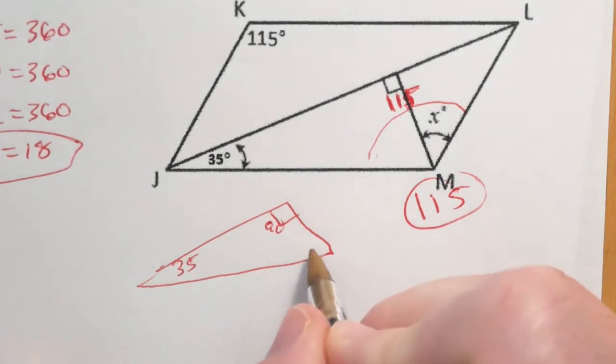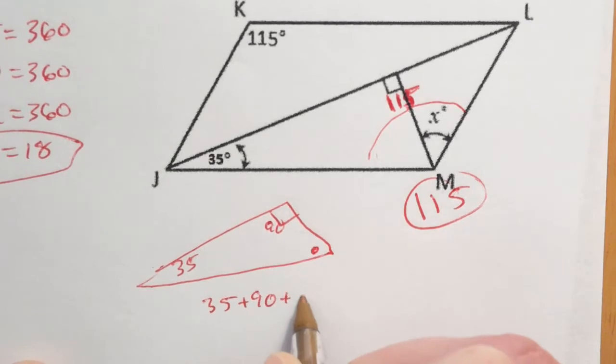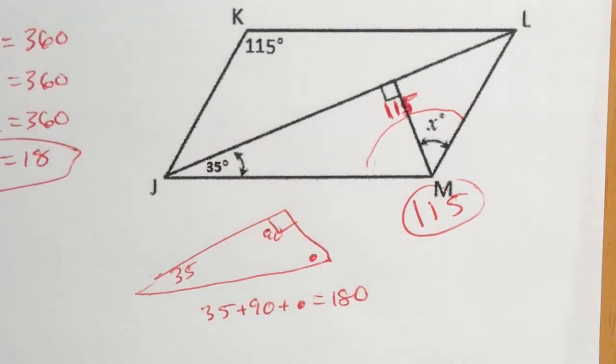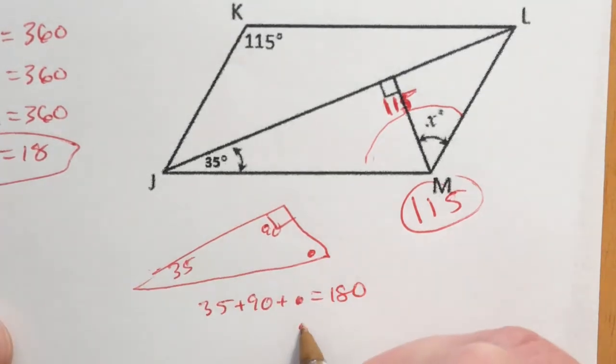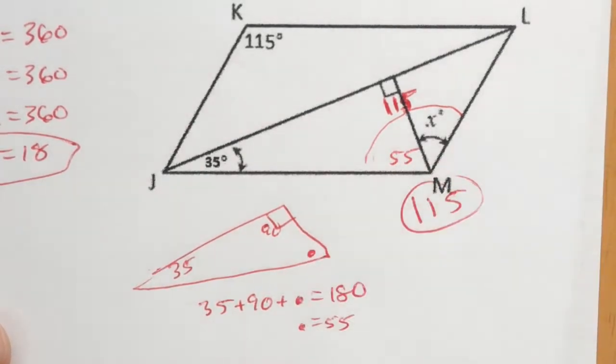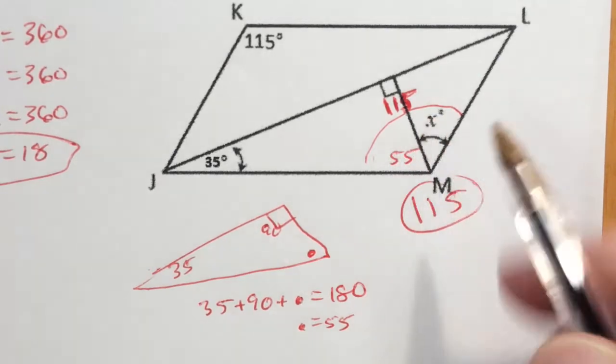So I'll put a little dot. 35 plus 90 plus that dot is equal to 180 degrees. So from 180, we're going to subtract the 35 and the 90, and we're left with that little dot is 55 degrees. So this right here is 55. All right, so if this is 55, what's left over to make 115?